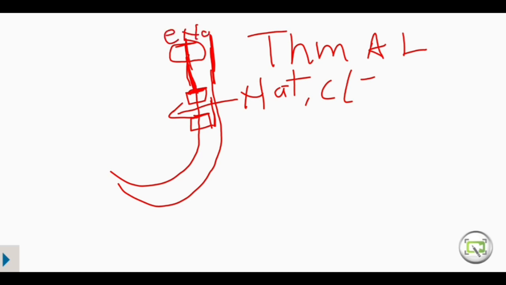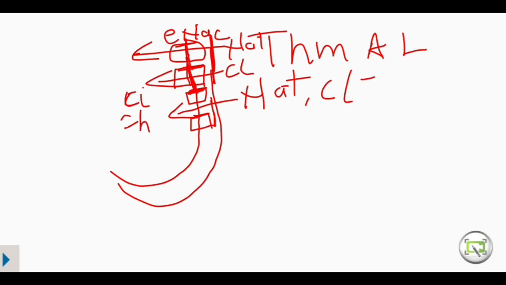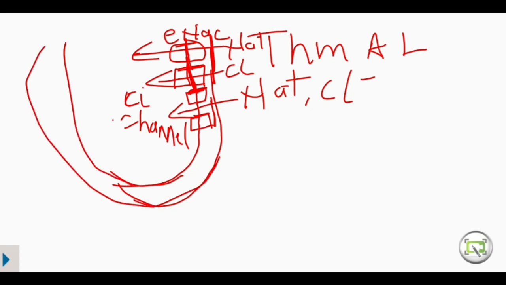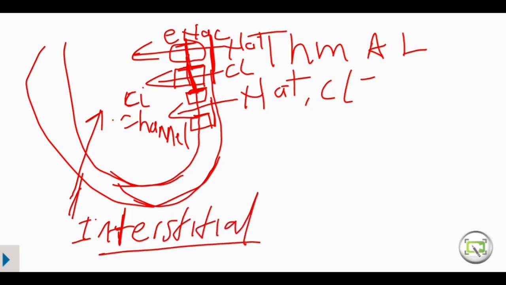Then that's the epithelial sodium channel, which is used to reabsorb sodium into the interstitial. Then the one in the middle is the chloride channel, which is used to reabsorb the chloride. So we can see all this moving into the interstitial, increasing the osmolality of the interstitial. This acts as the driving force to reabsorb water using the descending limb of the loop of Henle. So that's how it is done.